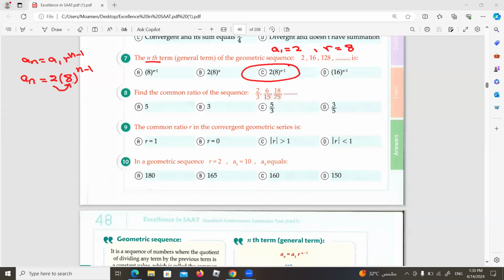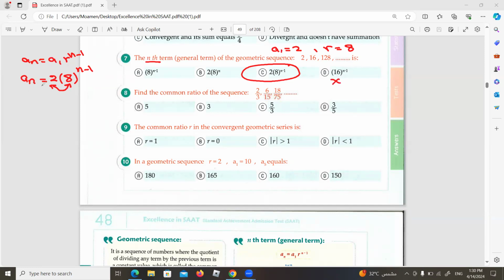If you multiply 2 by 8, you get 16 to the power n minus 1, and letter D is wrong, because the bases are different. Some of my dear students complete the problem as 2 multiplied by 8 equals 16 and write it as letter D. It's wrong, okay?